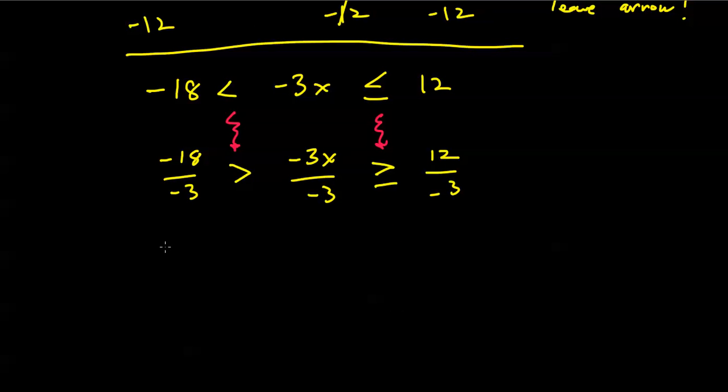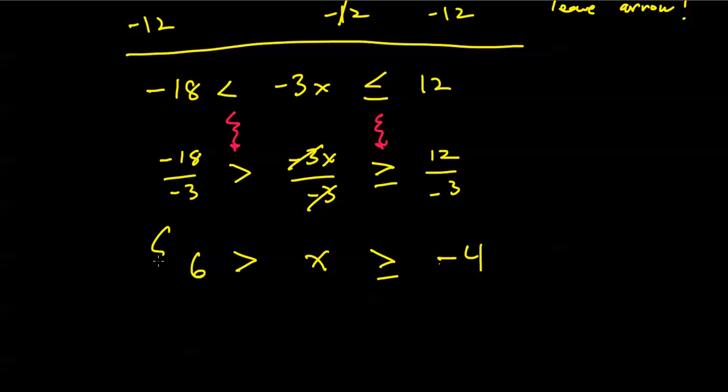Okay? On the left, minus 18 over minus 3 is, of course, positive 6. Is greater than, well, in the middle, the minus 3's cancel out, and I'm left with x, which is what I wanted, which is in turn greater than or equal to 12 over minus 3, which is minus 4.